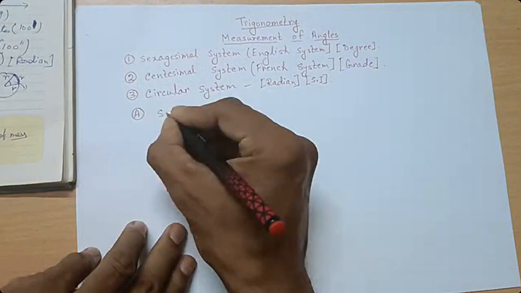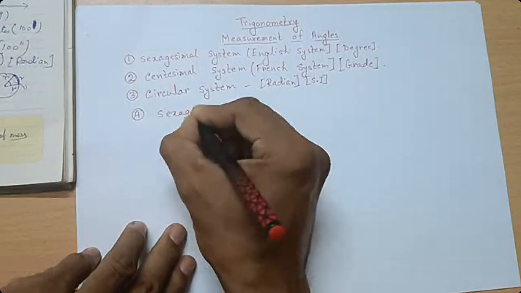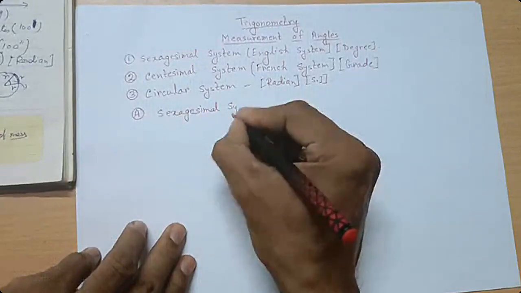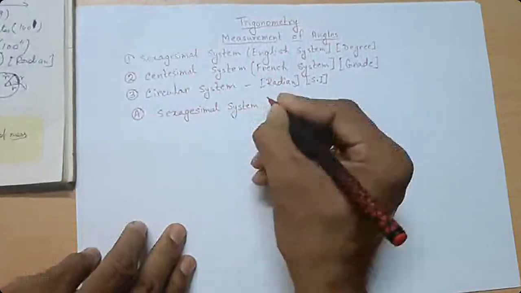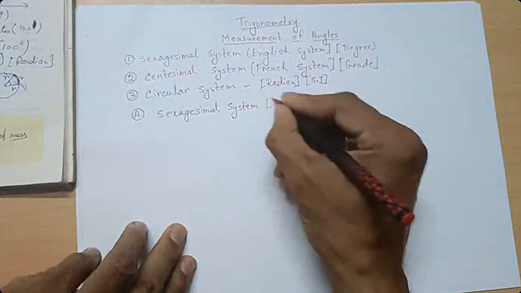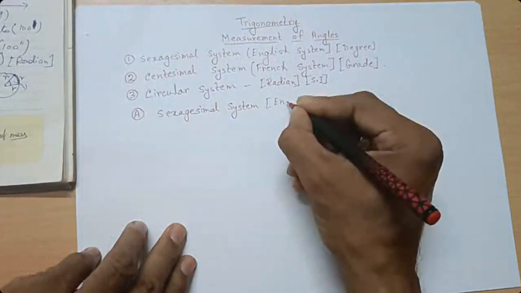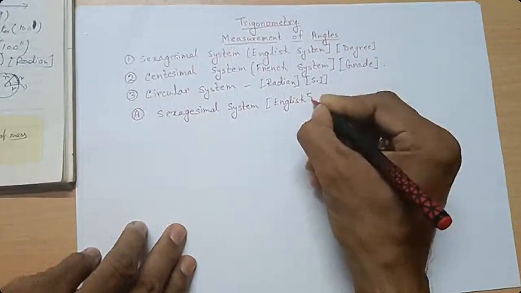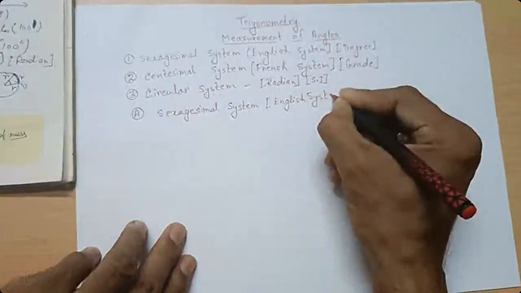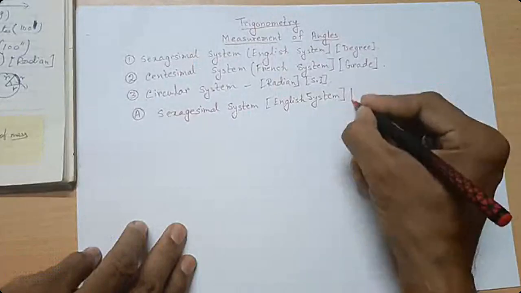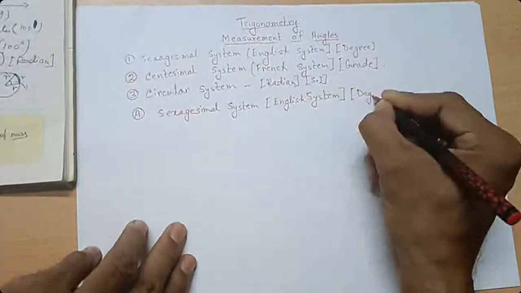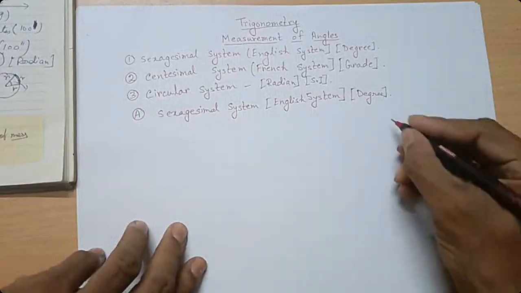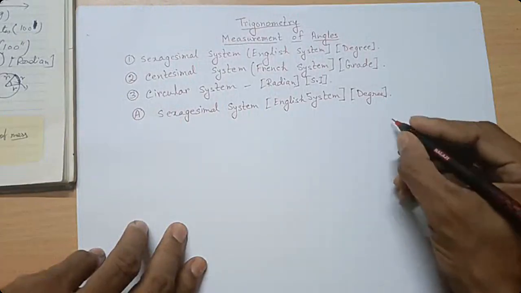First of all, we learn about the sexagesimal system, also known as the English system, and it is measured in degrees. How do we define this degree?